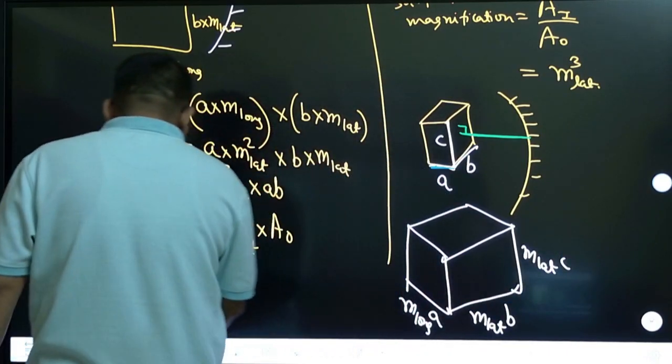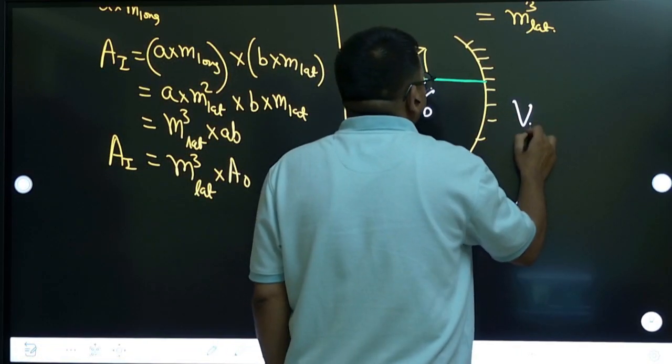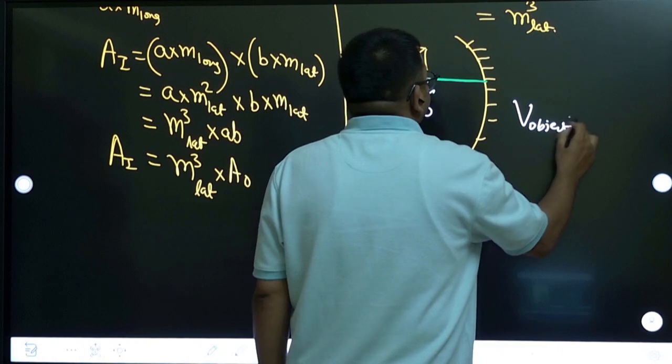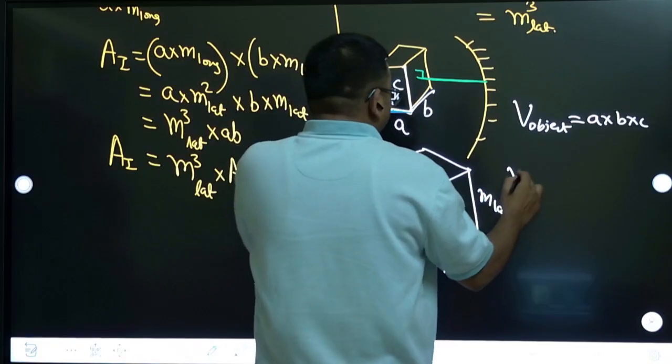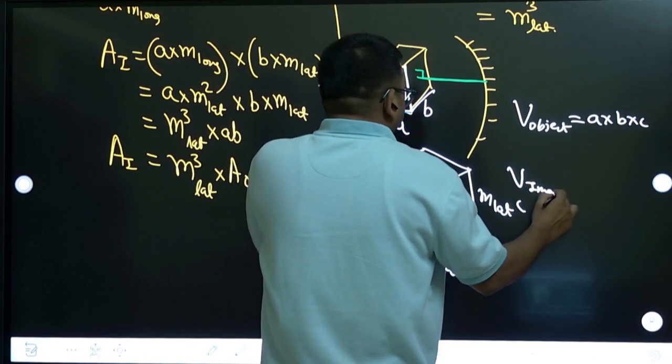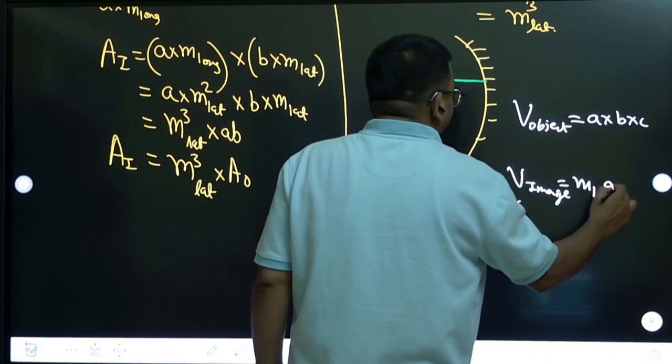Now let us write the volume of the image. So note here that volume of object is A into B into C, length, width, height. Here volume of image will come m longitudinal into A, right?